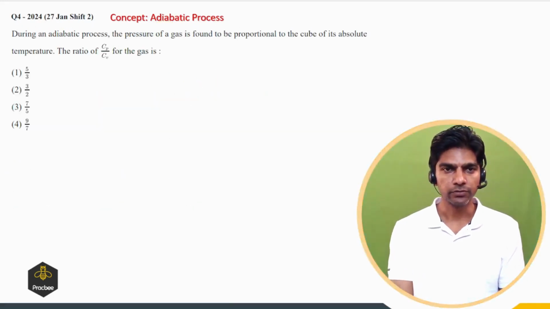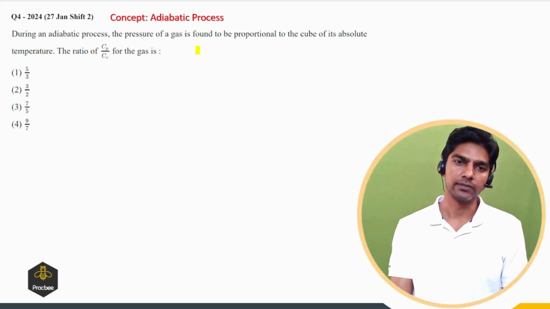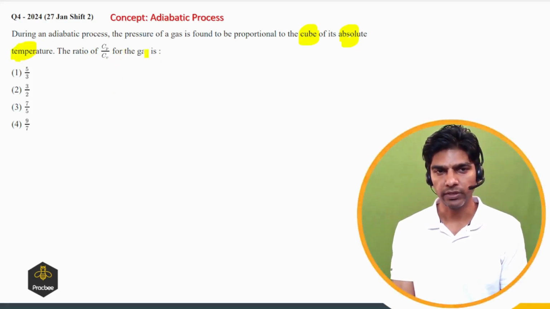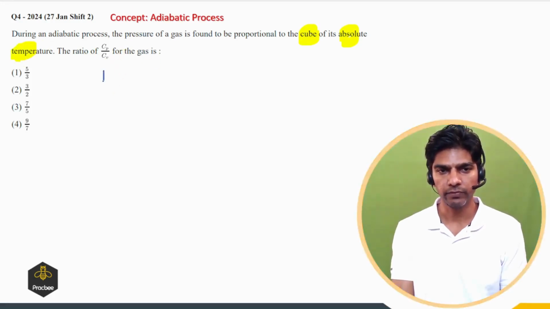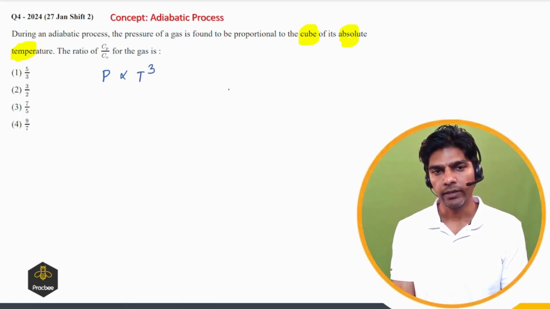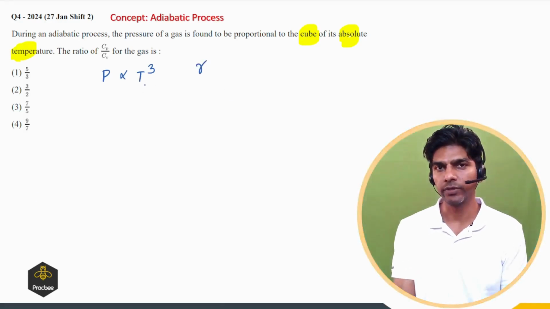Right, so let us see the next question. During an adiabatic process, the pressure of a gas is found to be proportional to the cube of temperature. Find the value of Cp by Cv for the gas. We are given P is proportional to T raised to power 3, and we have to find the value of gamma. One thing you can do is write T in terms of pressure and volume.